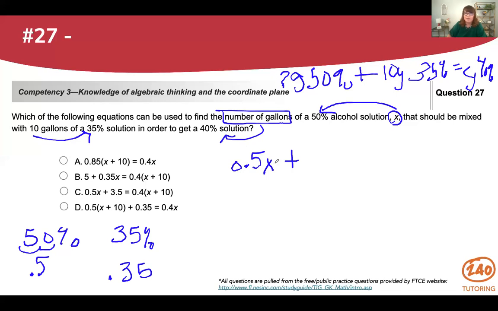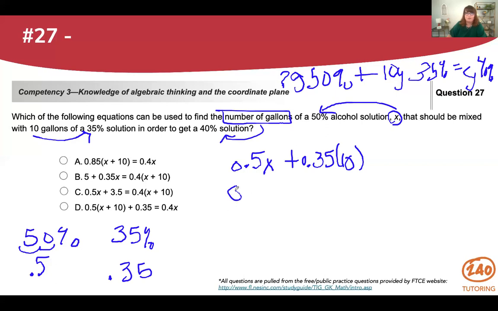Now over here, we didn't have it, so we have 0.35, if that helps you out a little bit. But we know the number of gallons. So instead of putting X, we can put 10. Now I'm just going to work this for a minute.